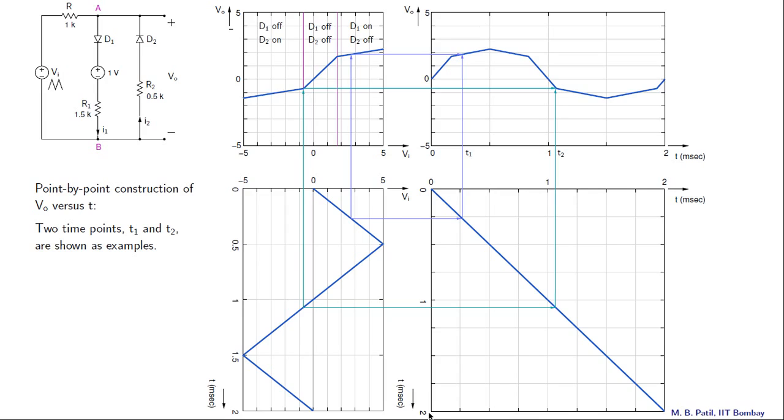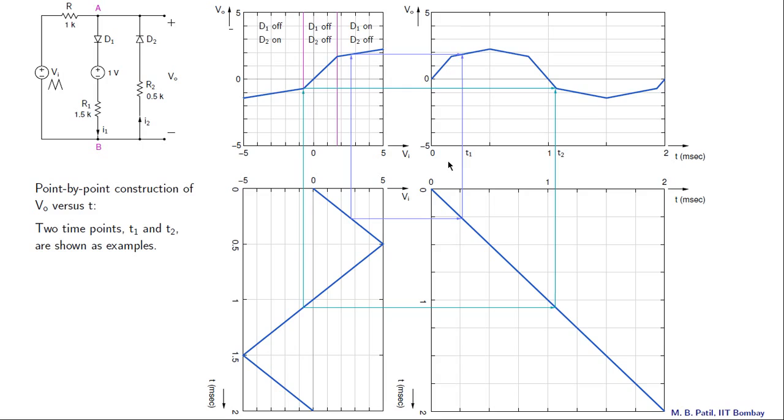So that means it is of the form y equal to x, which is a straight line with slope equal to 1 and passing through the origin, like that. And as we will see, this graph is going to help us to map Vi of t to Vo of t.